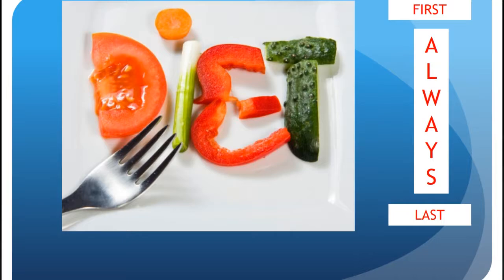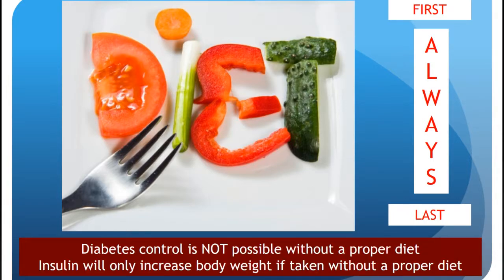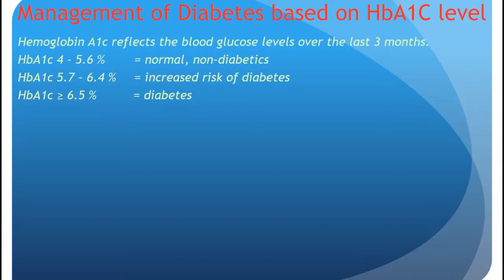Then we're going to categorize our diabetic patient based on his or her hemoglobin A1C level. If the hemoglobin A1C is more than 6.5%, that's diabetes. If it is not higher than 7.5%, this is the stage where you need only monotherapy, one drug.